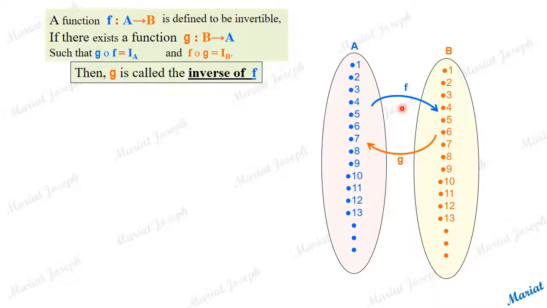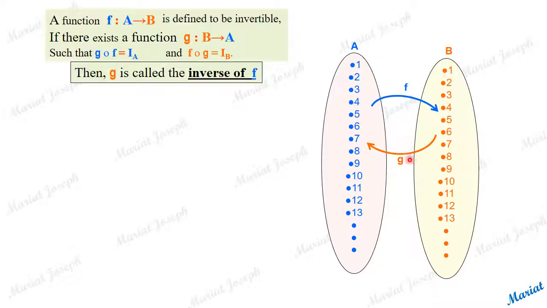Look at this definition once more. A function f from set A to set B is called invertible if there exists a g from B to A satisfying two conditions. GOF, the composition of these two functions in the order GOF, should be identity function of set A and FOG should be identity function of set B. If there exists such a function, we call this f invertible.